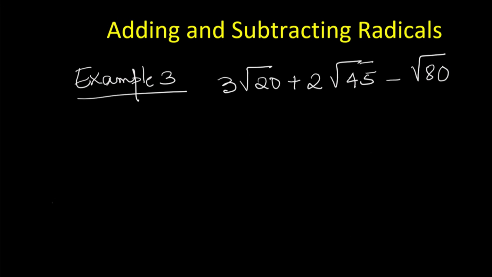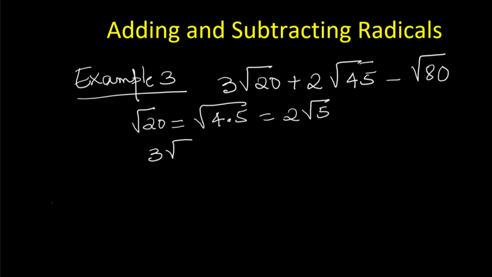Example 3, 3 times the square root of 20 plus 2 times the square root of 45 minus the square root of 80. First, simplify each radical. The square root of 20 is the square root of 4 times 5. The square root of 4 is 2, so this becomes 2 times the square root of 5.